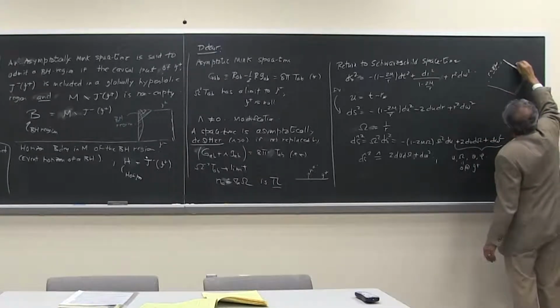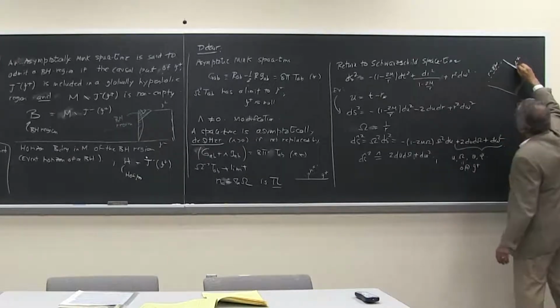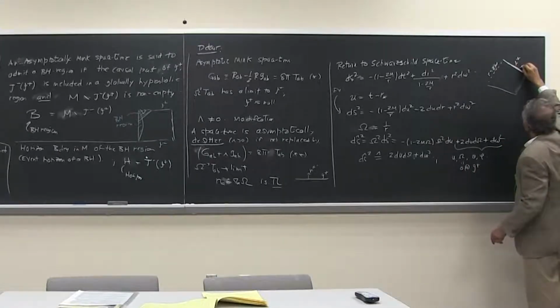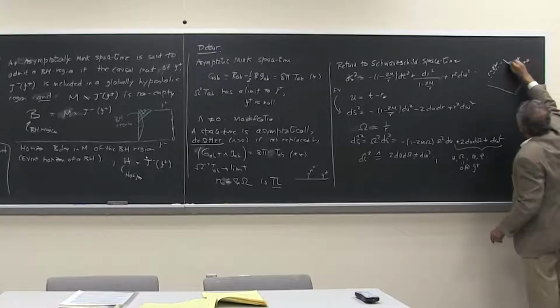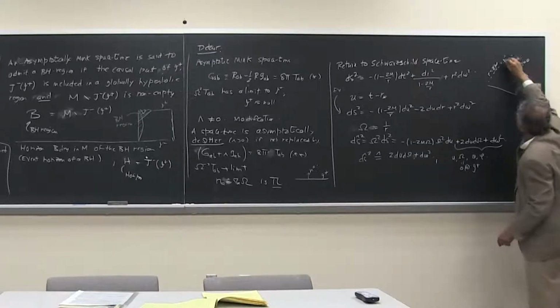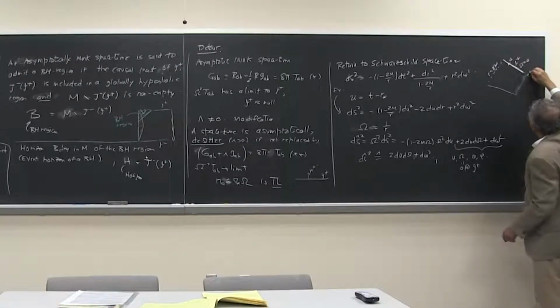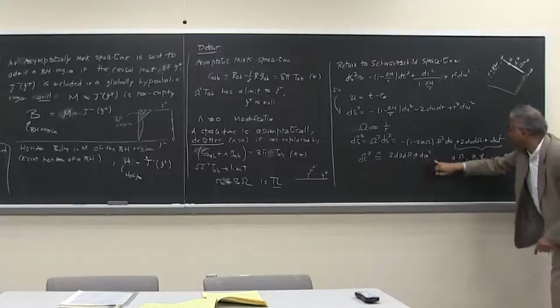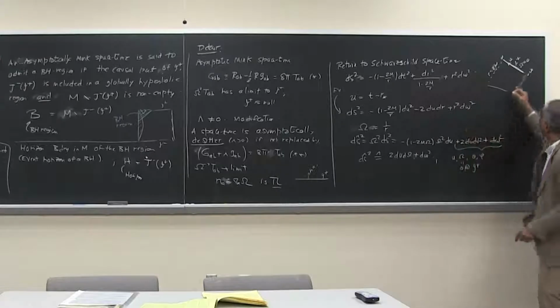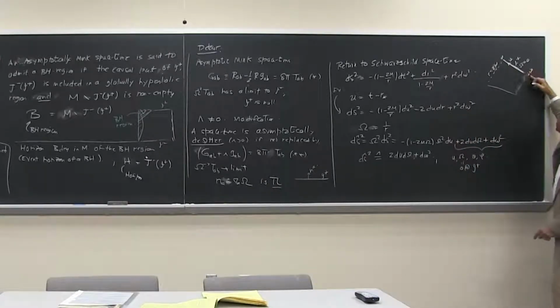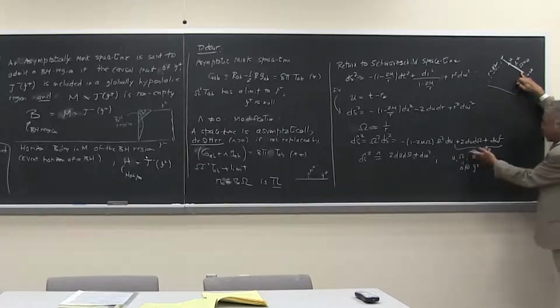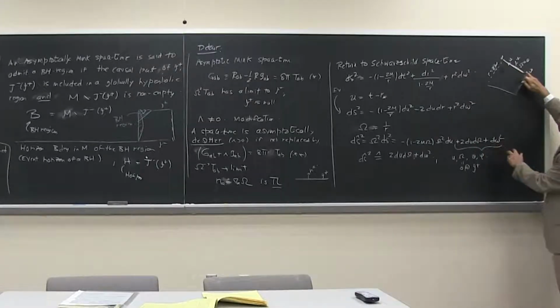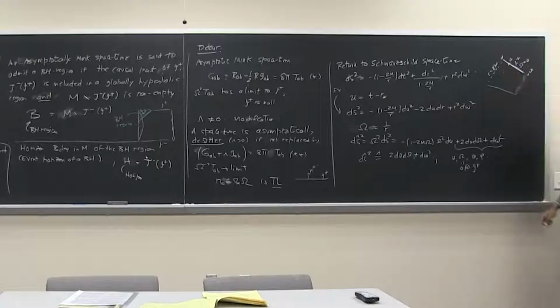So scri plus is this boundary that we added, and this boundary is where omega is equal to 0. What is going from minus infinity to infinity is this u coordinate, and theta and phi, which are in this angular part, are just going around. So each point up here is a two sphere of unit radius, because the metric is just the unit two sphere metric, and so we get this scri plus.